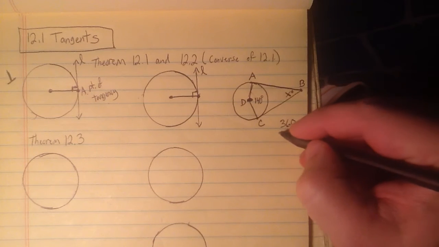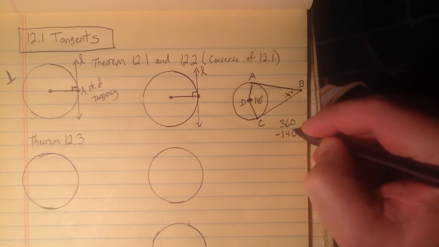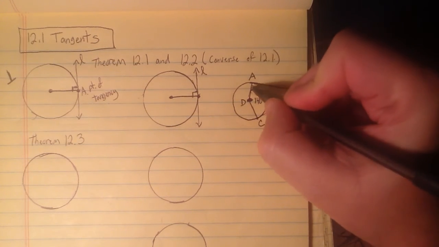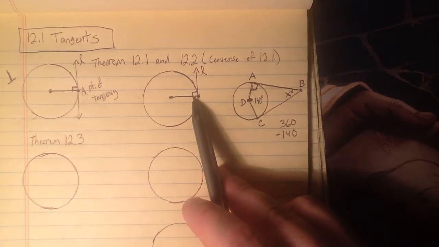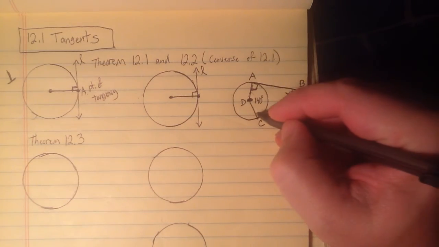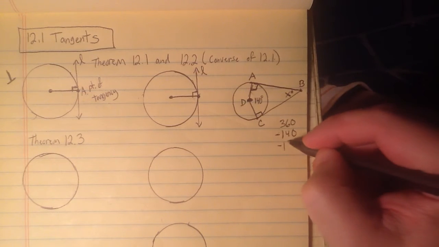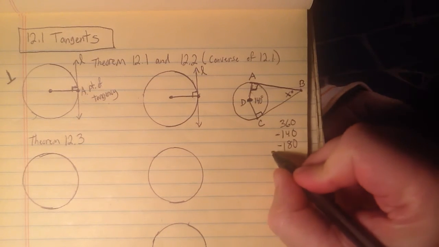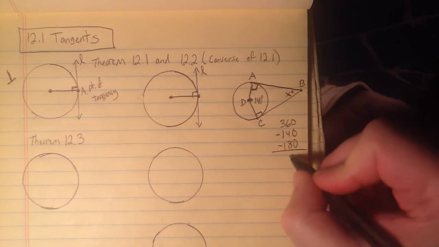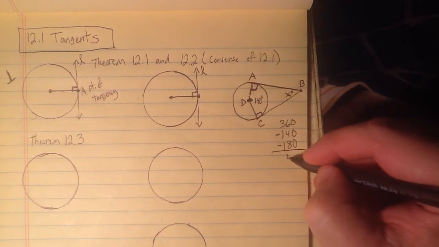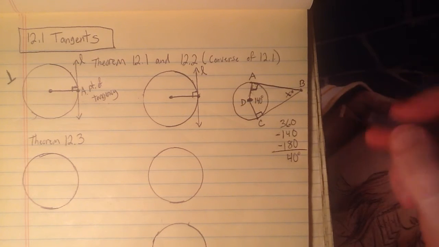This is 140. So we're going to subtract 140. Isn't this going to be a 90-degree angle now? Because a tangent and a radius has to form a right angle. So if that's a right angle, here is a right angle. So 90 and 90 is 180. So if you subtract all of these angles, and then what's left over must be the last angle. So that's 320. So if you do all that subtraction, it's 40 degrees.